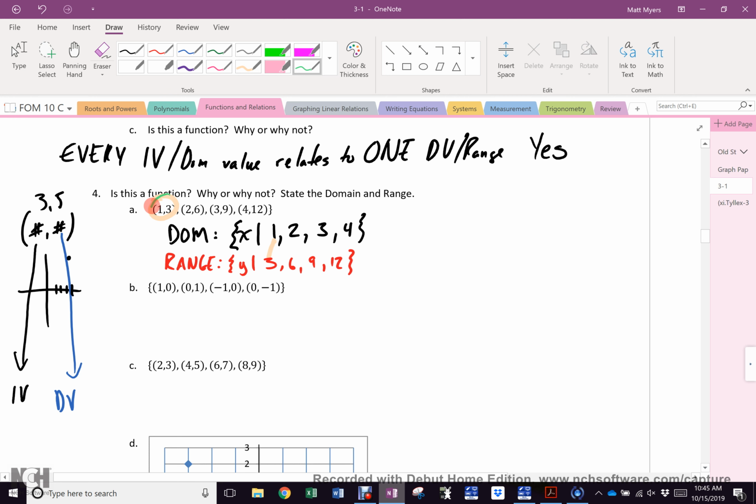Because of this pair, 1 and 3. What about 2 and 6, 3 and 9, 4 and 12? Are they all unique? So is that a function or a relation? That is a function. We know why. Because each IV goes to a unique DV.